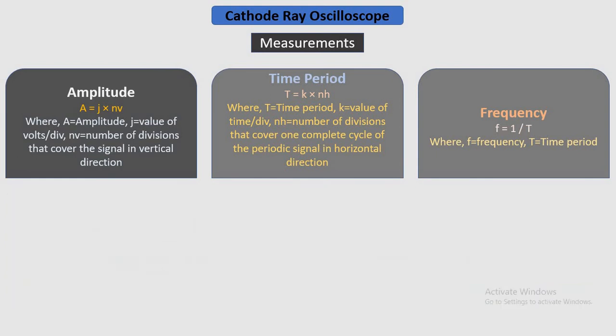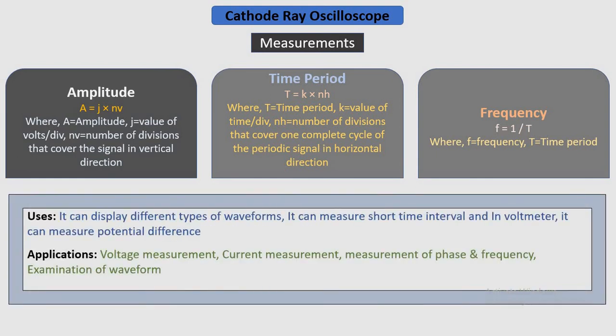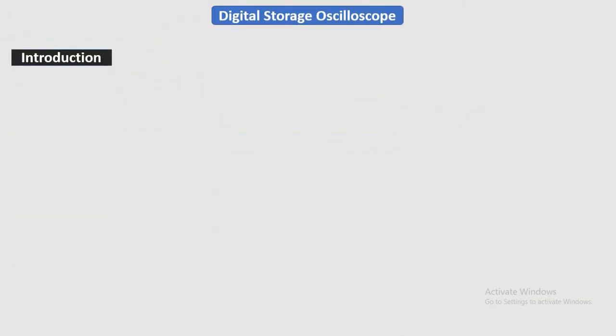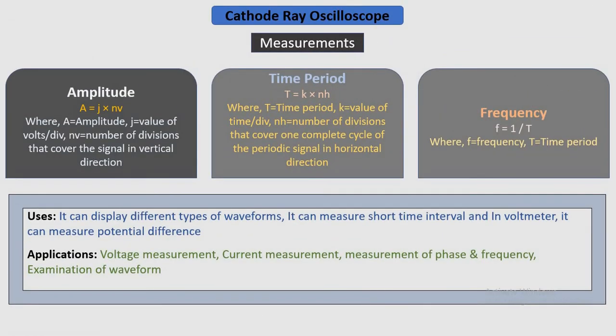So these are the applications of the CRO. All these quantities, that is current, speed or strain, etc., can be converted into voltage. So this is all about the CRO.